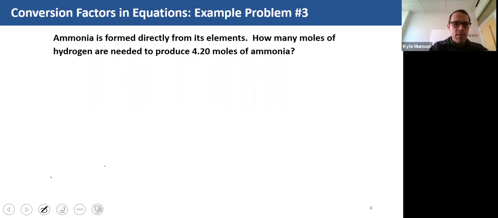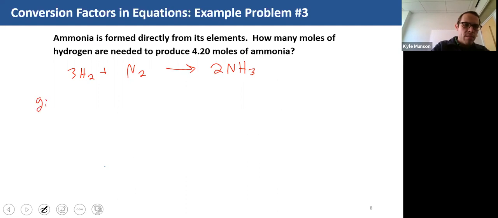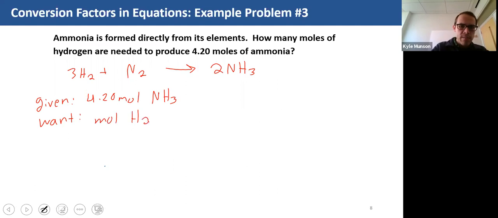Okay, going a little bit faster now, I'm just going to write down this equation. Okay, so that's my equation right here. I am given 4.20 moles of NH3. I want moles of hydrogen.